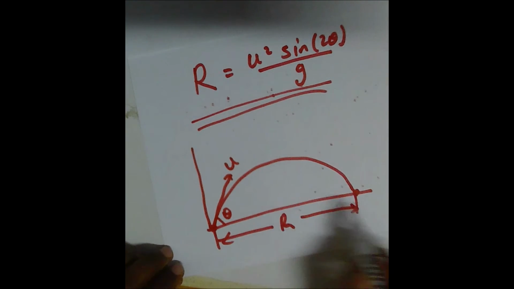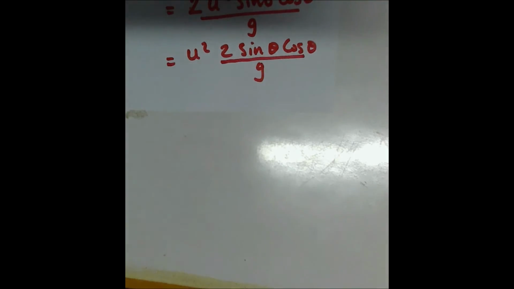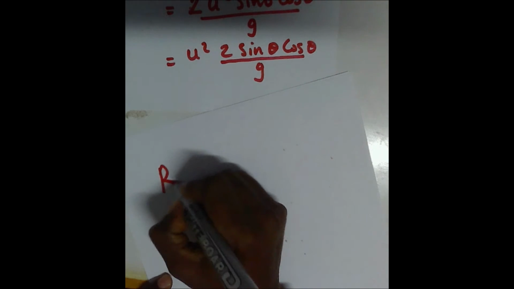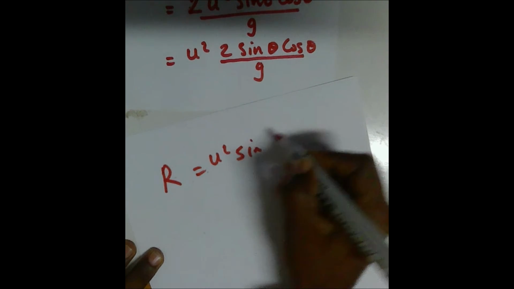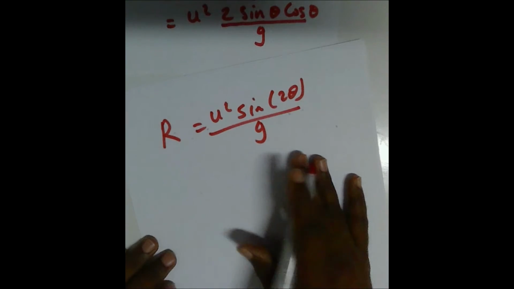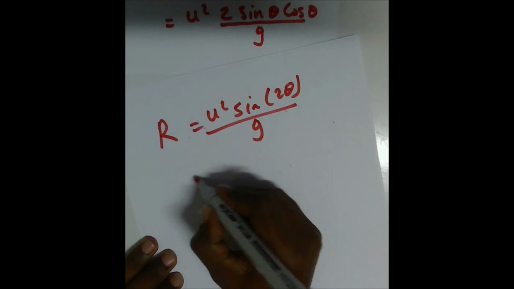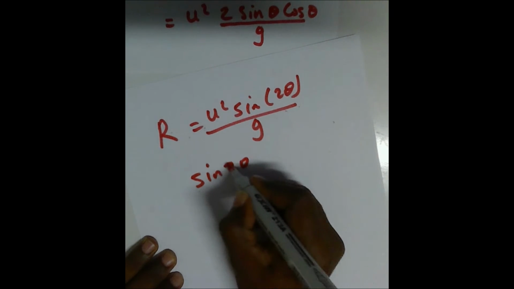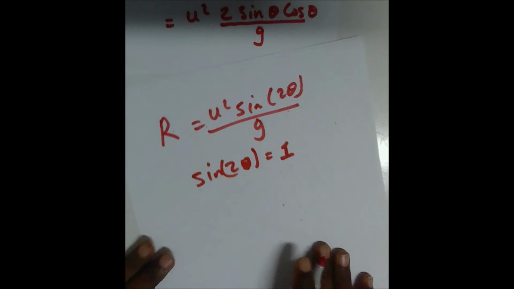How can we find the maximum value? In order to find the maximum value for range, let's start from the formula where range is equal to u square sine 2 theta over the acceleration due to gravity. In order to get R max, this sine 2 theta should be equal to 1.